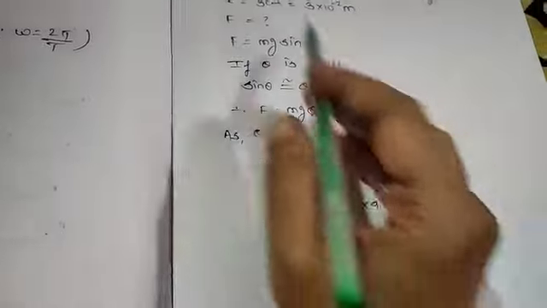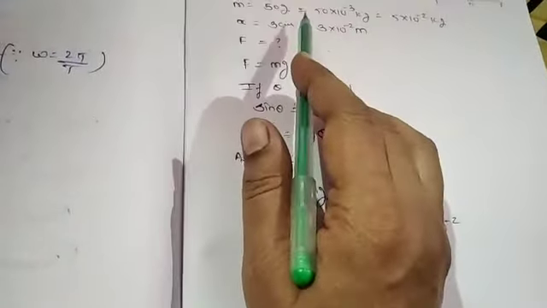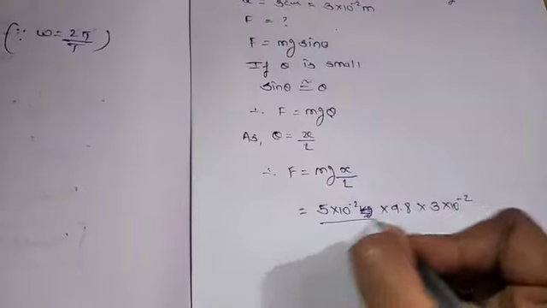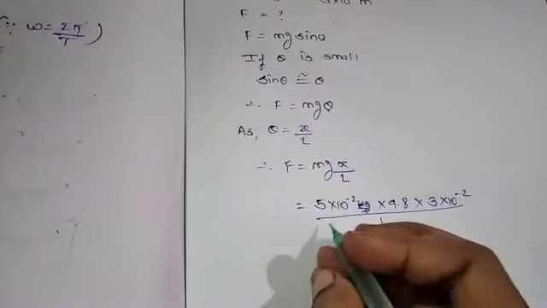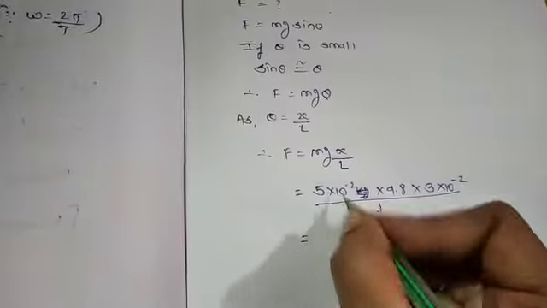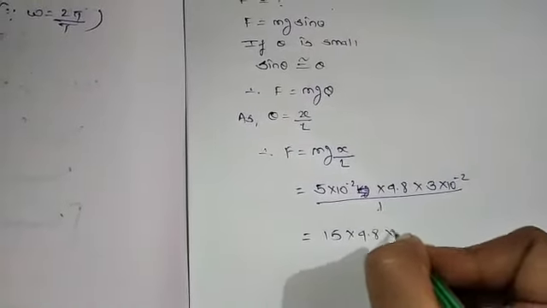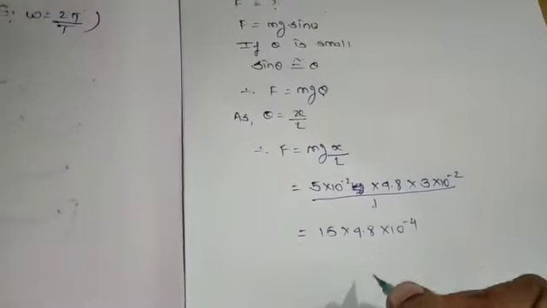And what is the length of the string? The length of the string is equal to 1 meter, so it is divided by 1. So we have 15 into 9.8 into 10 to the power minus 4.